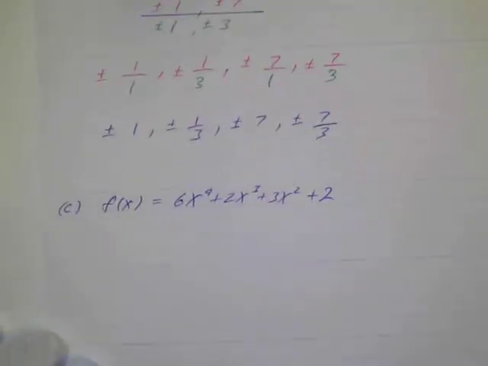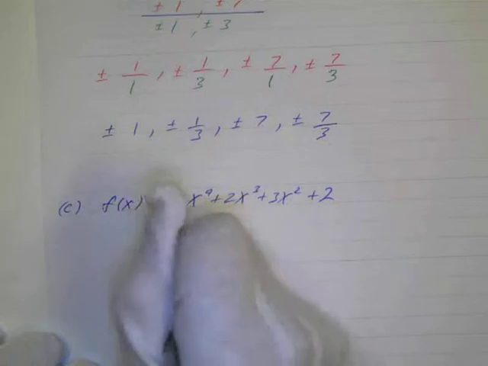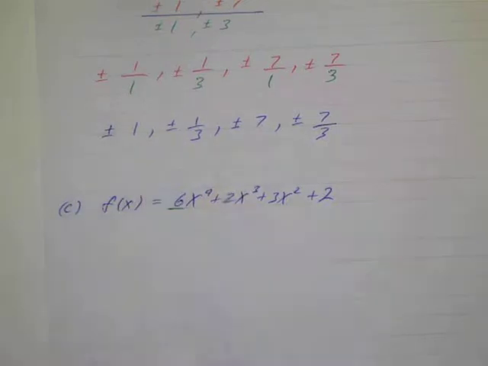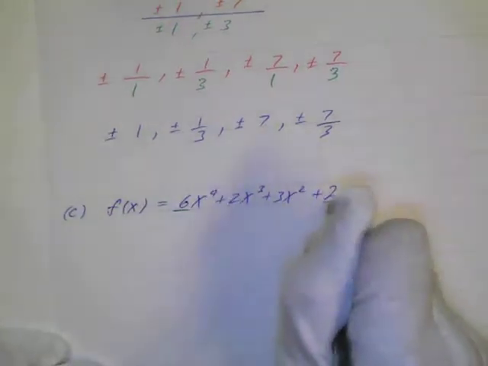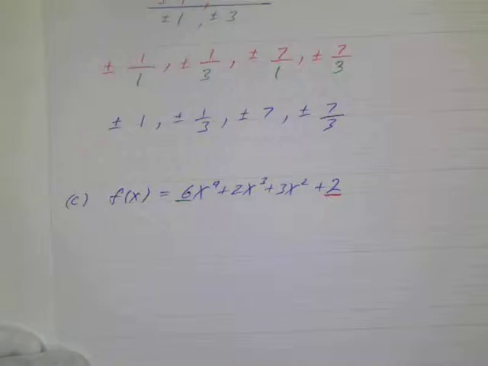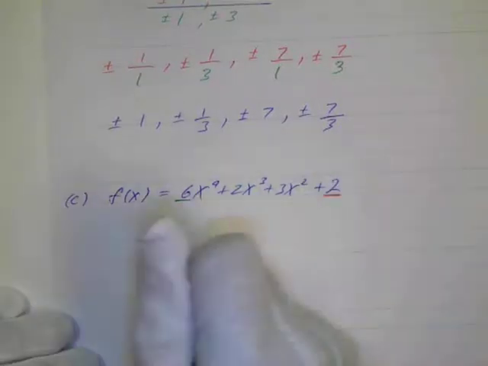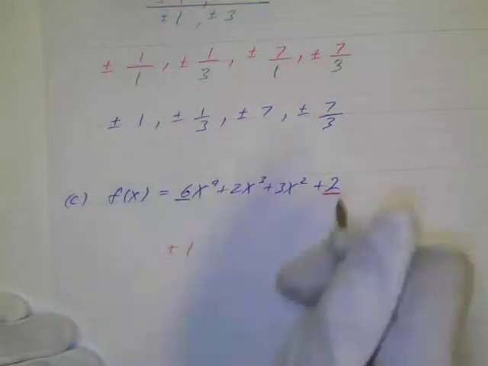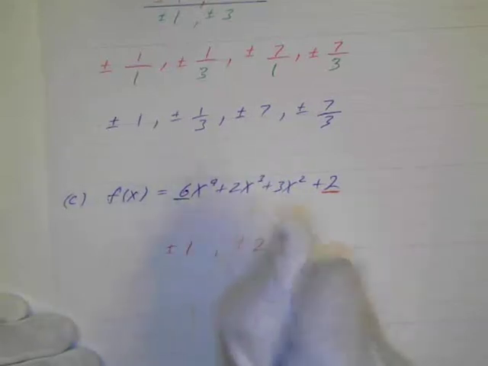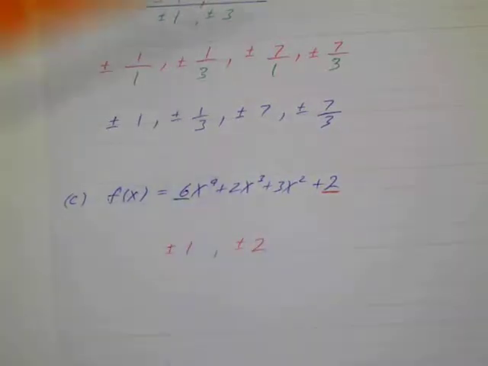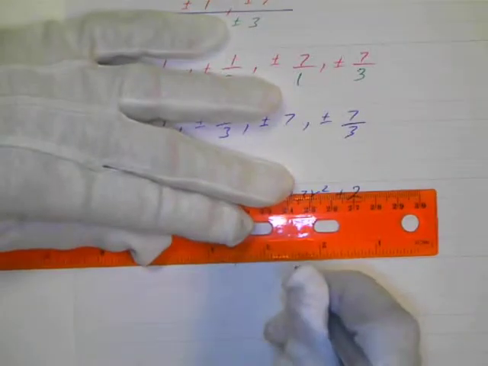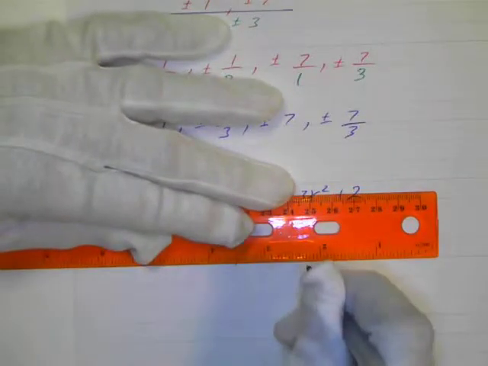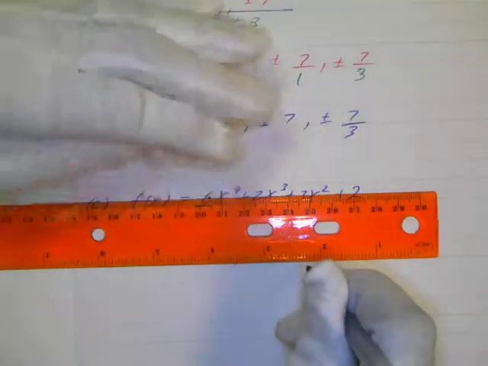All right, so again, my leading coefficient is 6, and my constant term is 2, so that's all I'm interested in. Okay, so I got all the possible factors of 2, so I have plus or minus 1 goes into 2, and plus or minus 2 goes into 2. And my other factors for the constant term, well, those are the constant term.